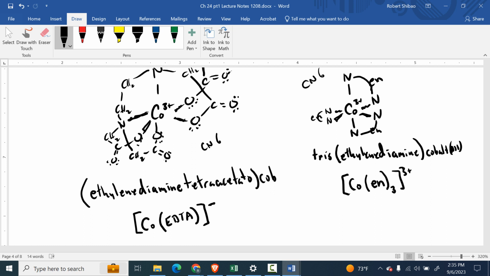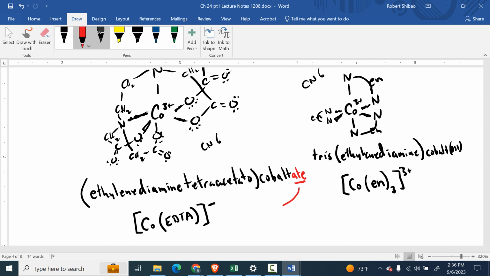Now, this is called a complex anion. This is called a complex cation. Now, for complex anions, we do something funny with the name of the metal. And so we have cobalt, but what we're going to do is change the name or add an ate to it.